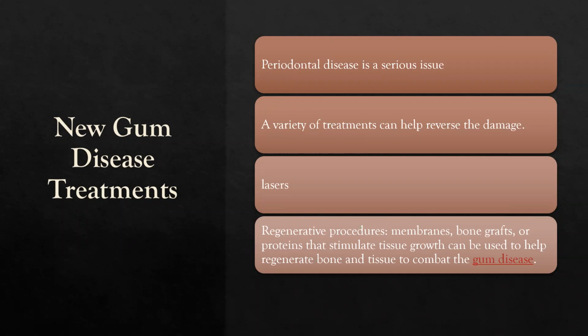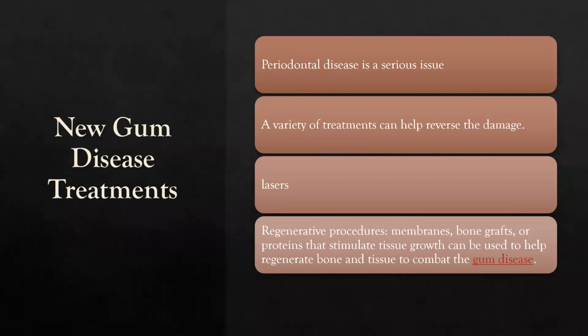Because once we have periodontal pocketing, if the disease continues to progress, then the attachment between the tooth and the bone is compromised, and then we have some mobility. And if that's not fixed and it keeps progressing, then it leads to eventual tooth loss.